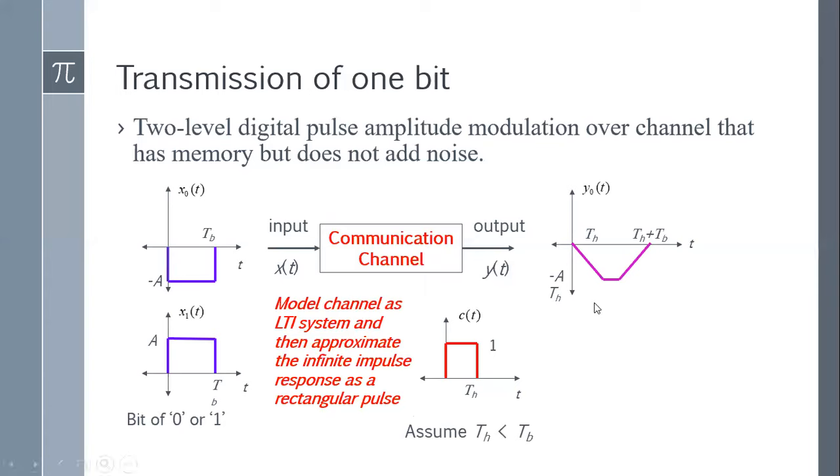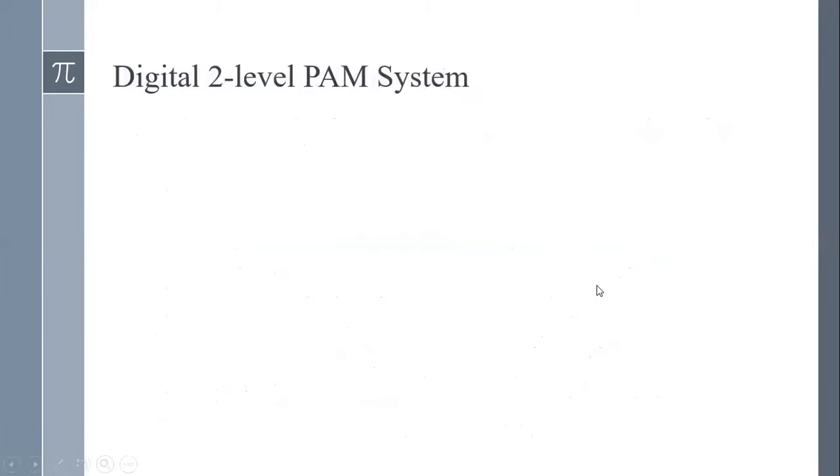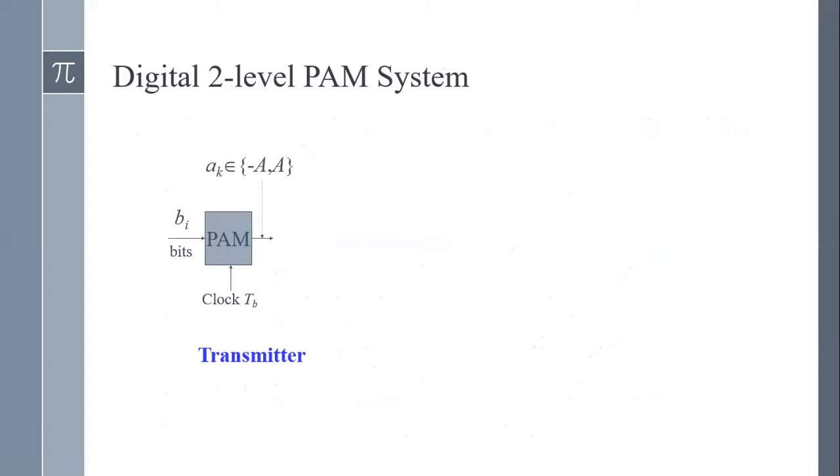Now from this pulse we need to determine whether a 0 has been sent or a 1 has been sent, and that is decided by the matched filter. So we'll study the matched filter in a little while. First let us design this digital two-level PAM system, and then we'll move on to the matched filter.